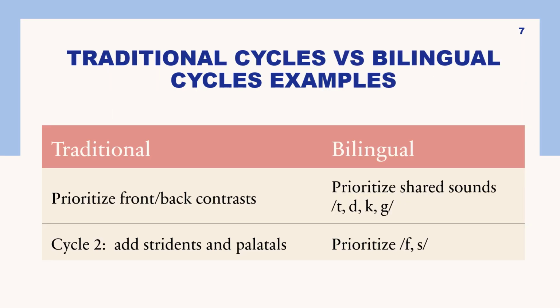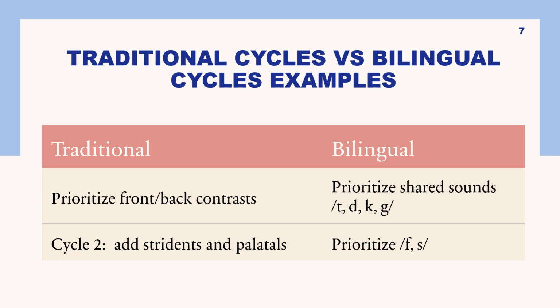Okay, so when we're thinking about what is a way that bilingual cycles approach is even different than traditional cycles approach, well, it could be in a lot of small little ways, really, because if you're looking at, for example, prioritizing front-back contrast, so you have your pool of phonemes that you can pick. Well, you want to make that pool a little smaller when you're looking at what are those shared sounds, and then you pick out of those shared sounds first.